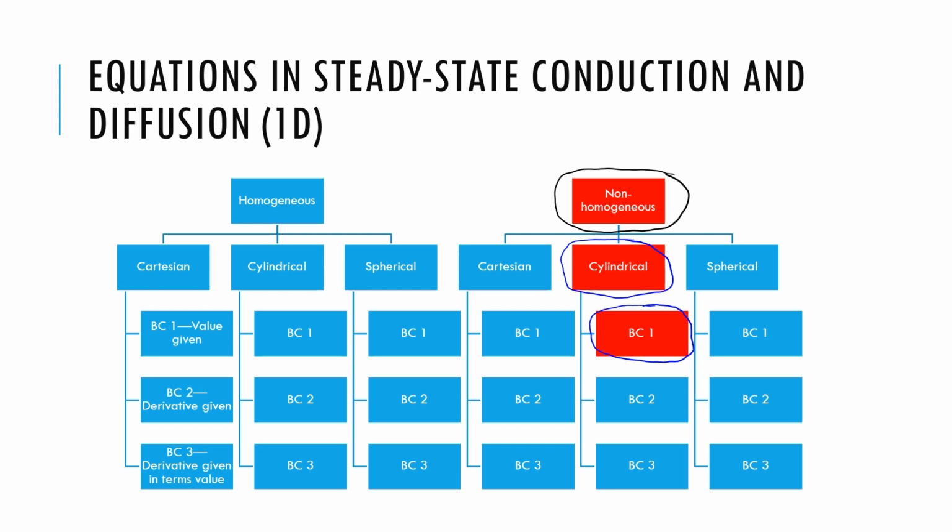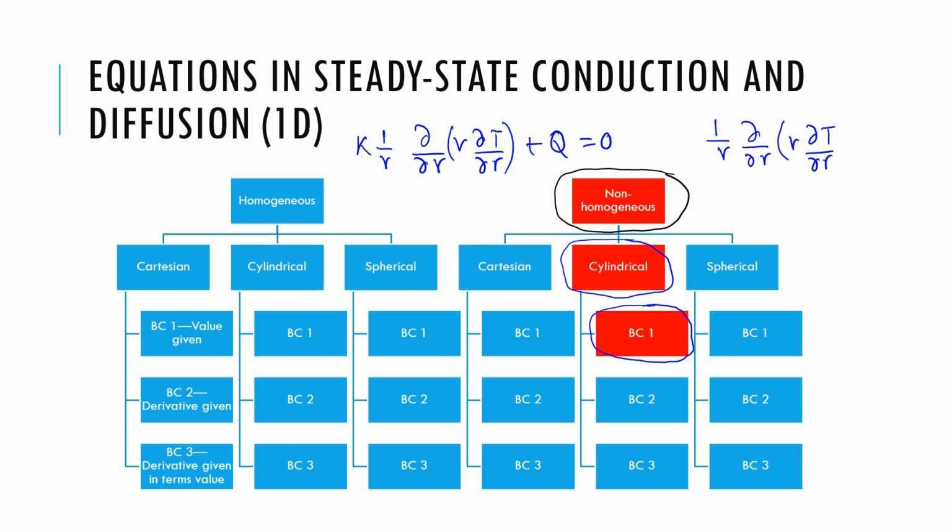The equation we are interested in solving is: del del r of r del T del r plus q equal to 0. In other words, 1 over r del del r of r del T del r is equal to minus q over k.